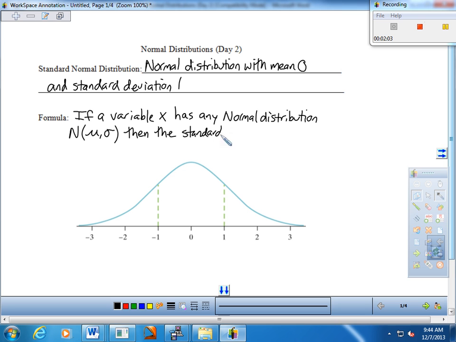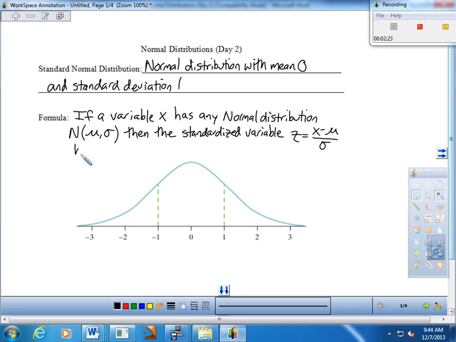Then very simply, the standardized variable, and we saw this of course once before, we're going to use our z-score. So here's our z value right here, and it's very simply the observation minus the mean over the standard deviation.